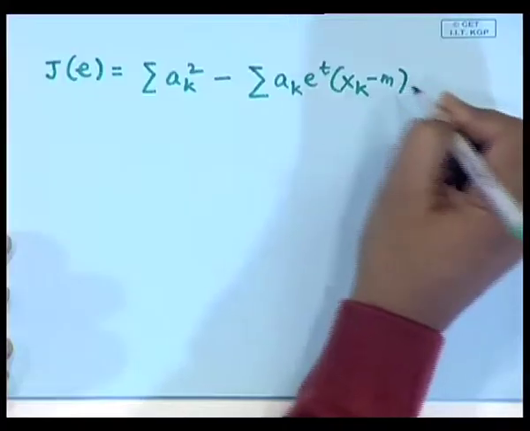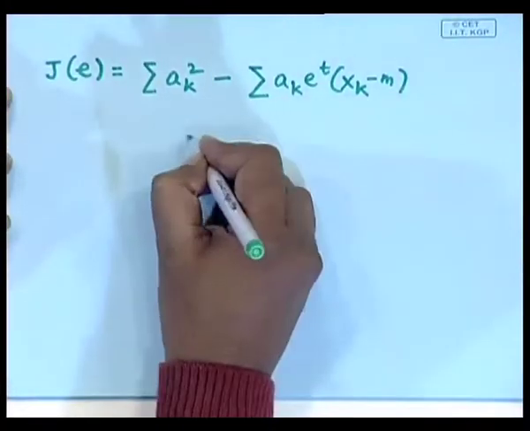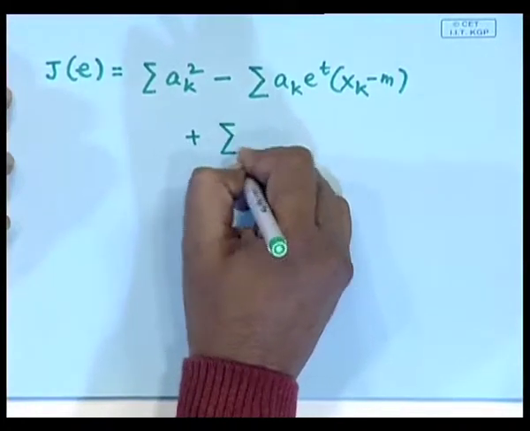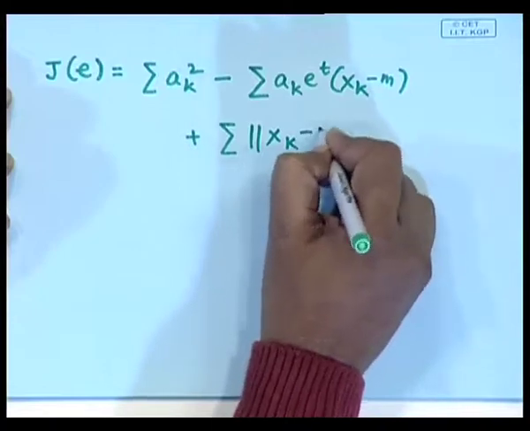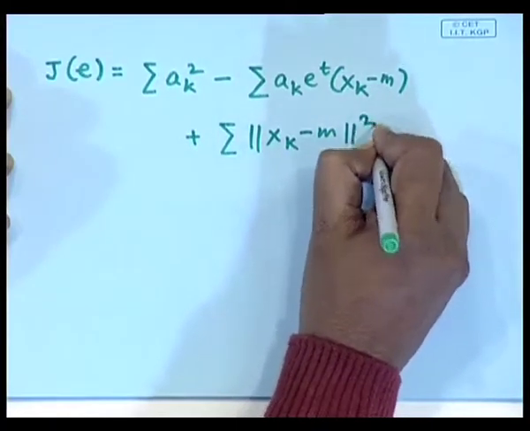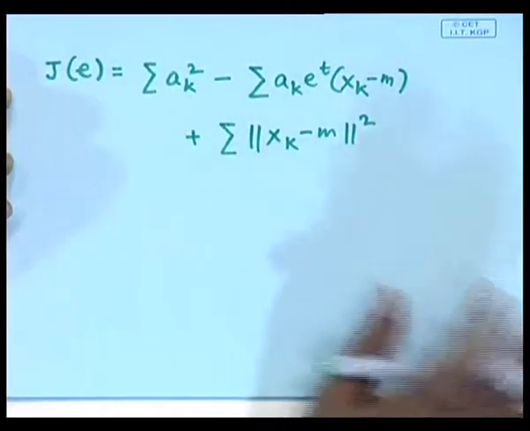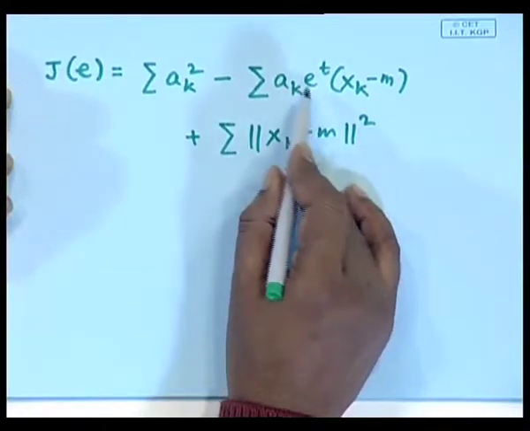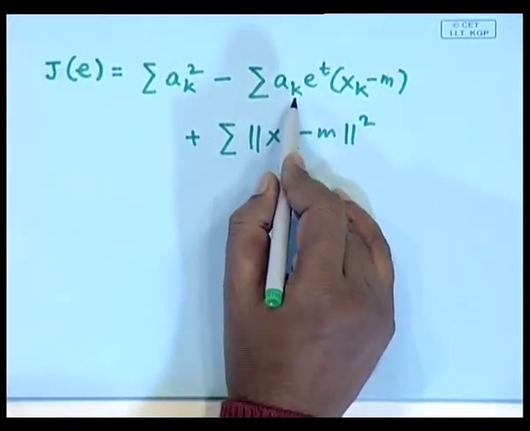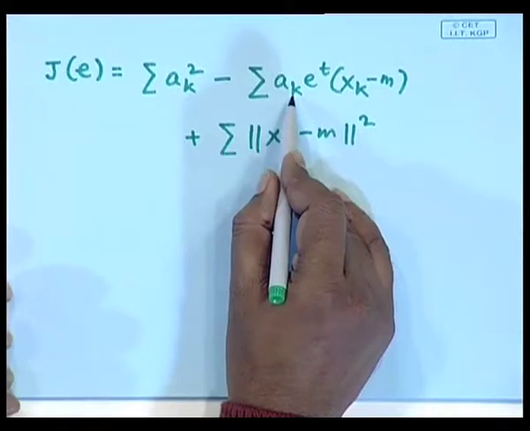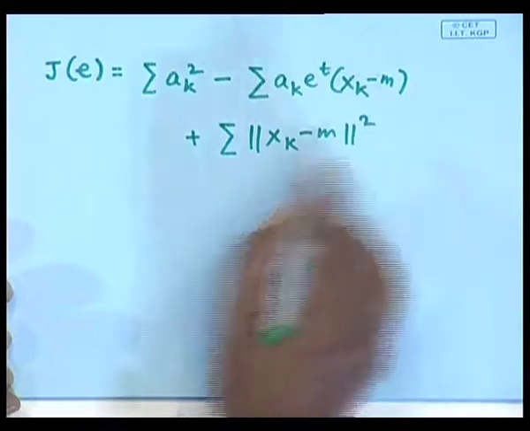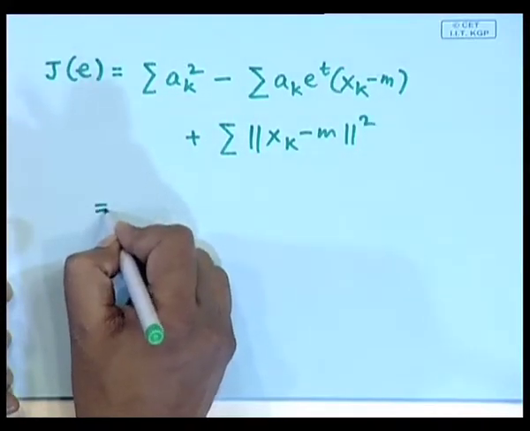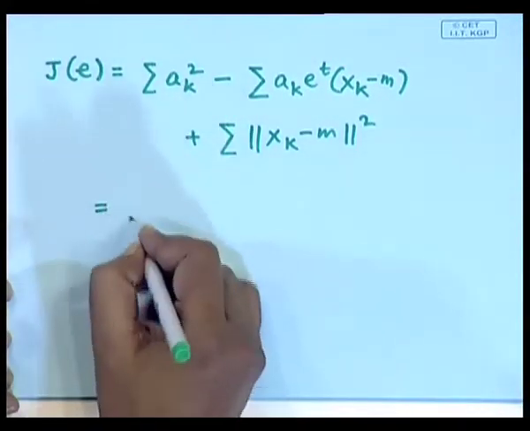x k minus m, right, plus sum of x k minus m square. I am not writing the limit of summation. Okay. Now, this A k we have found that it is same as E transpose x k minus m. Okay. So, this I can simply write as this one.